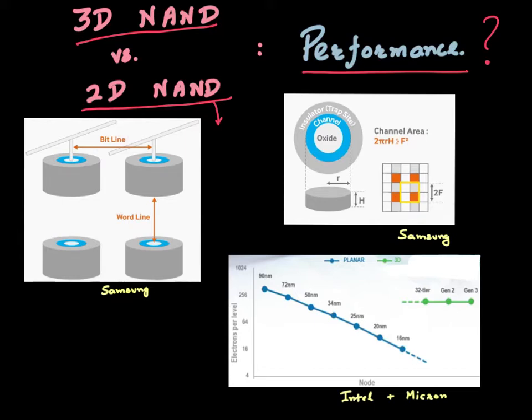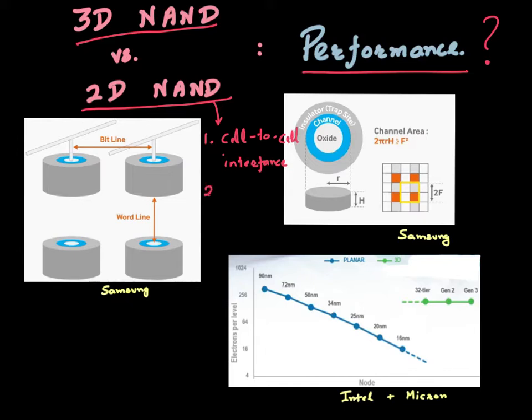We have discussed the reasons in some of the previous videos, but just to recall them, one was that cell-to-cell interference was becoming too much in a 2D NAND flash memory, especially with cells coming too close to each other.